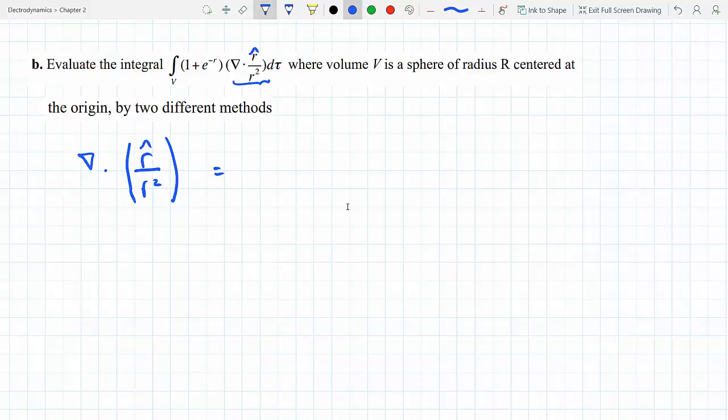That's from spherical coordinates, the divergence of a vector field is 1 over r squared, right? d/dr of r squared times r hat over r squared.